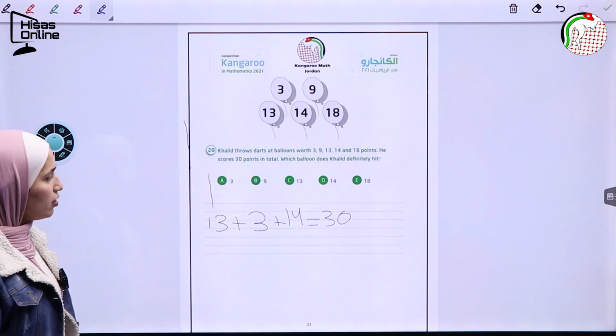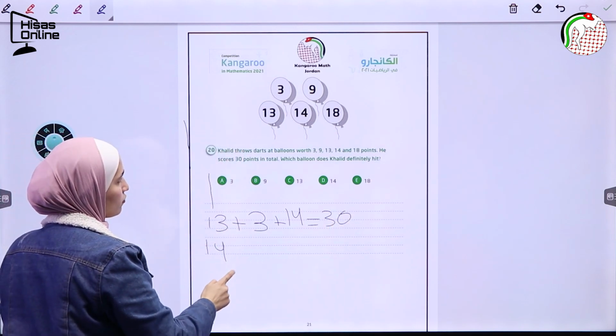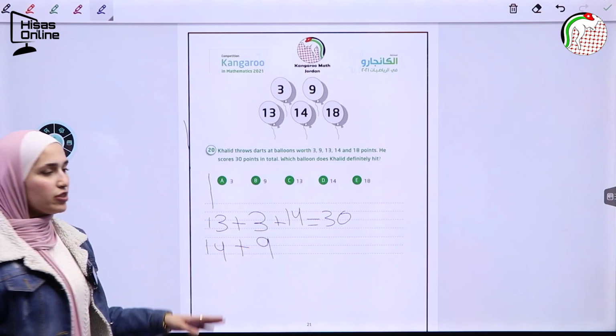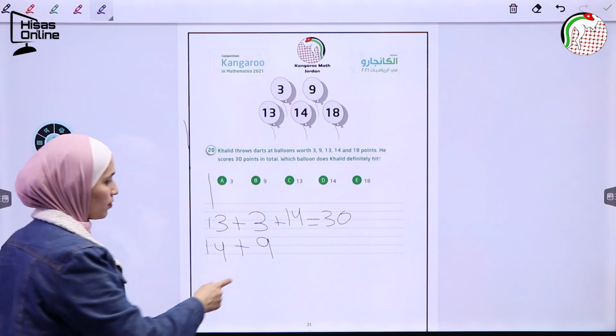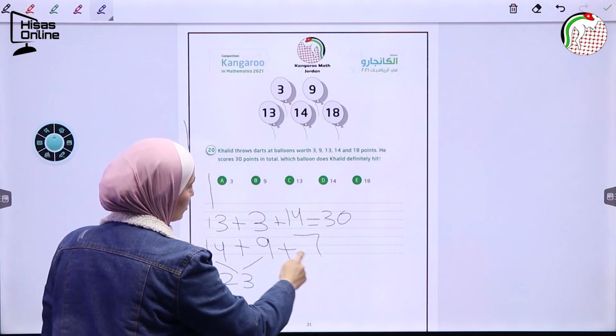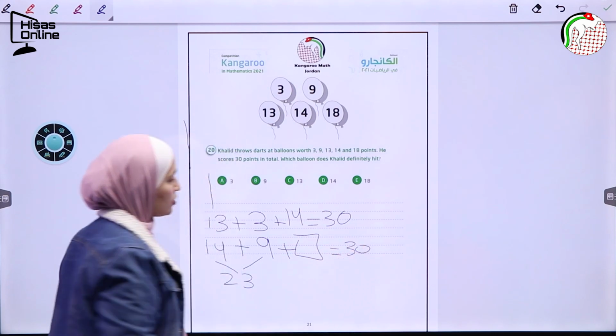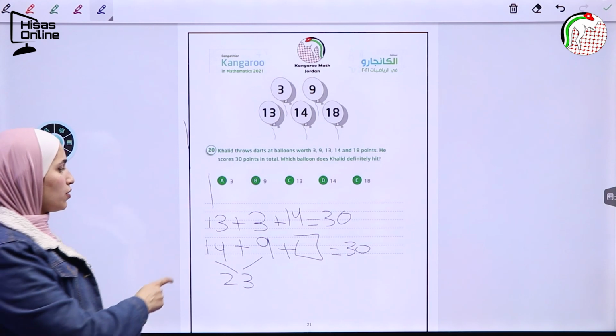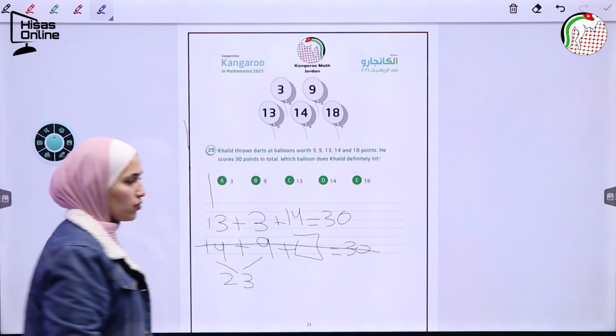Now let's try 14. 14 plus 9, for example, is 23. So plus what equals 30? Plus 7. Can you find 7 here? No, so this statement is wrong.